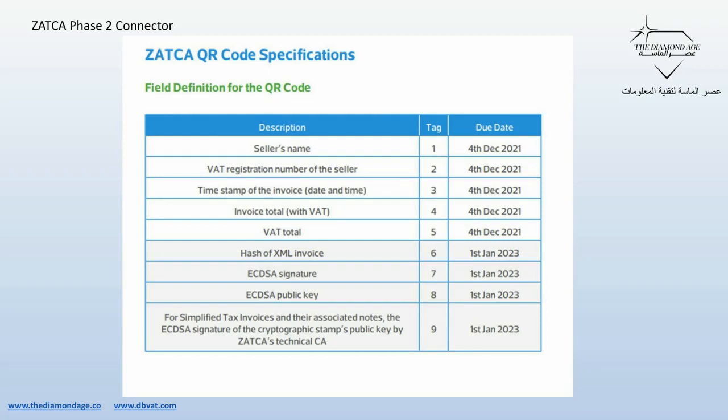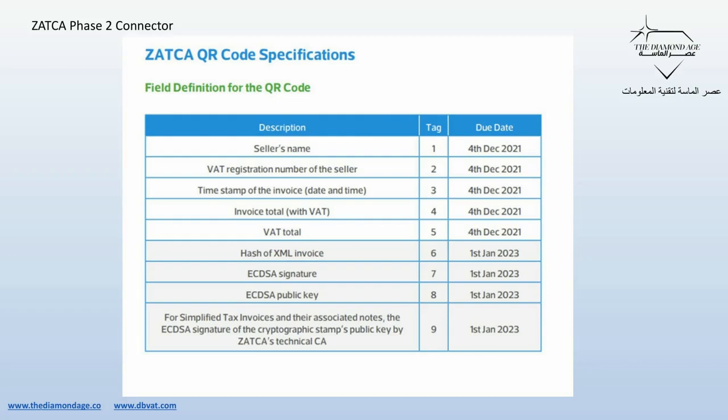Now, as we know, phase 1 of the ZATCA implementation asks for the QR code, and I believe that all the IT companies and developers have already implemented phase 1, which was established on the 4th of December 2021.